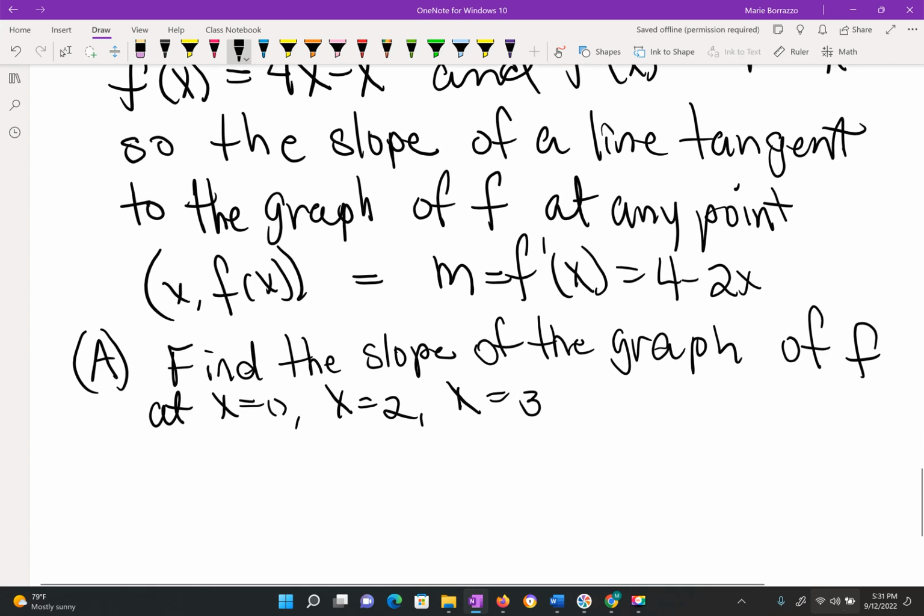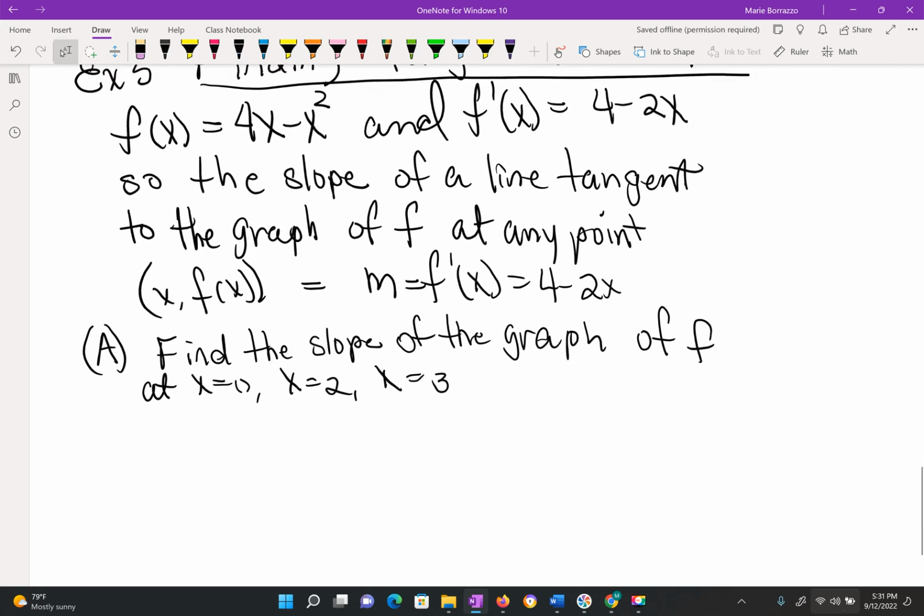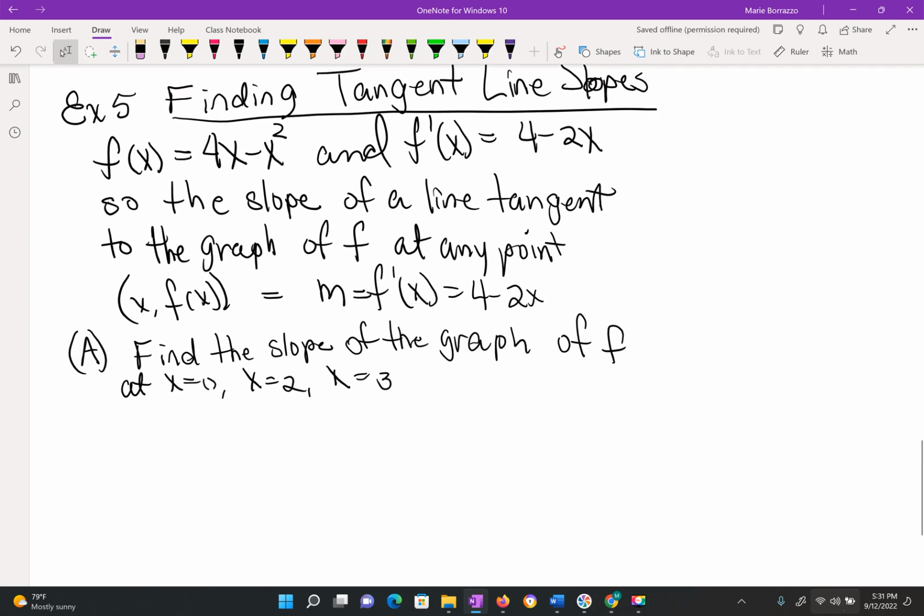So we're going to start with that set of points. And to answer this, look at what you're answering. Find the slope of the graph of the function. So they're starting us with 3 different points.